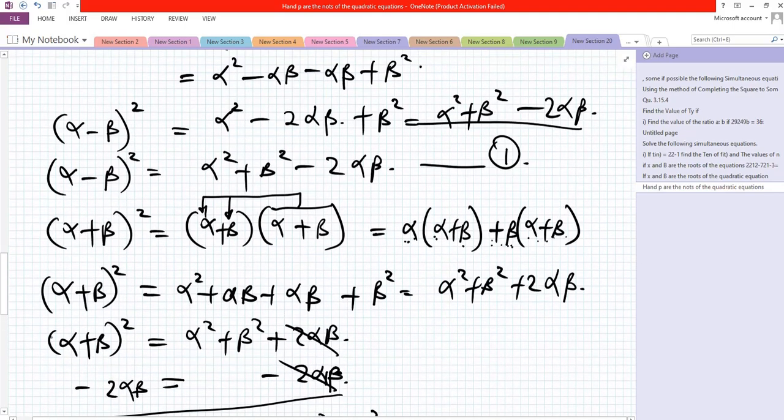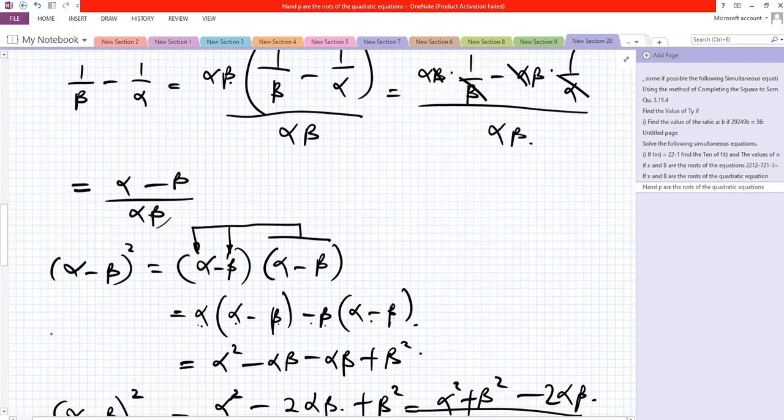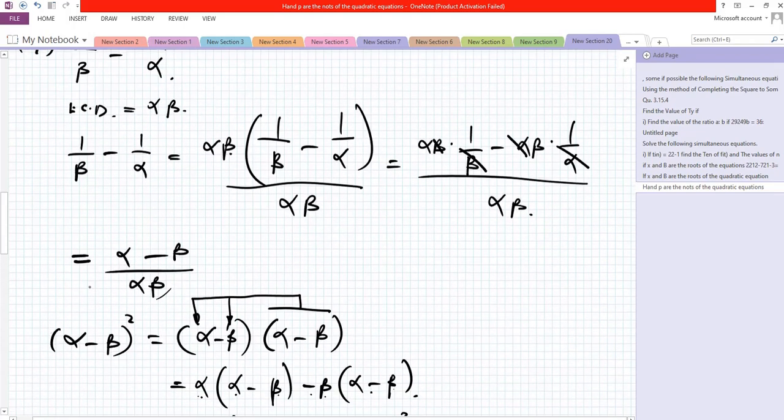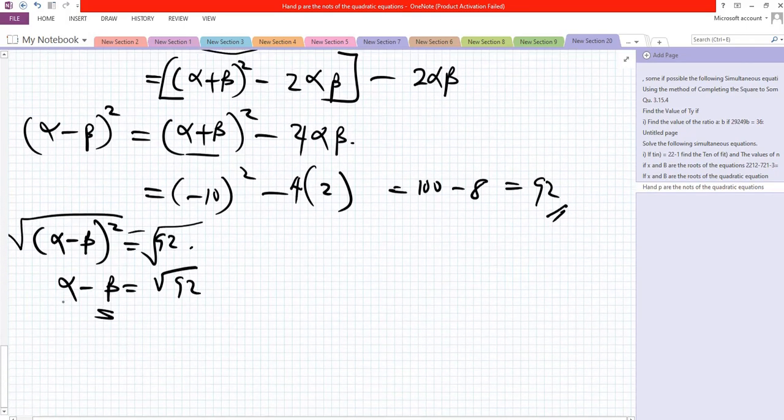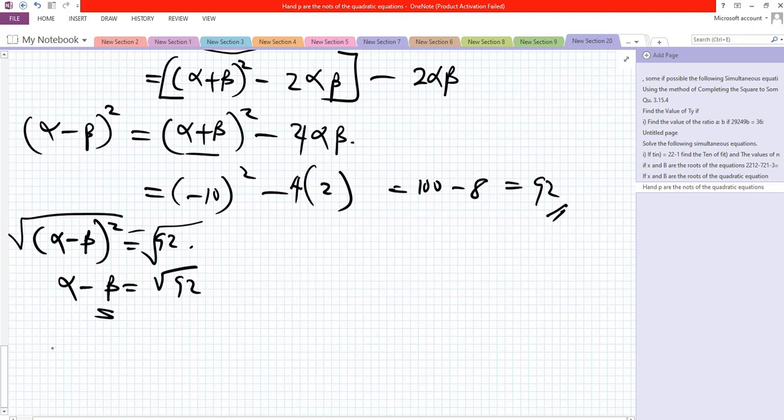Now what we want to get, the expression we want to get, is this. Now we have alpha minus beta all over alpha beta to be equal to square root of 92 all over 2, because alpha beta is 2.